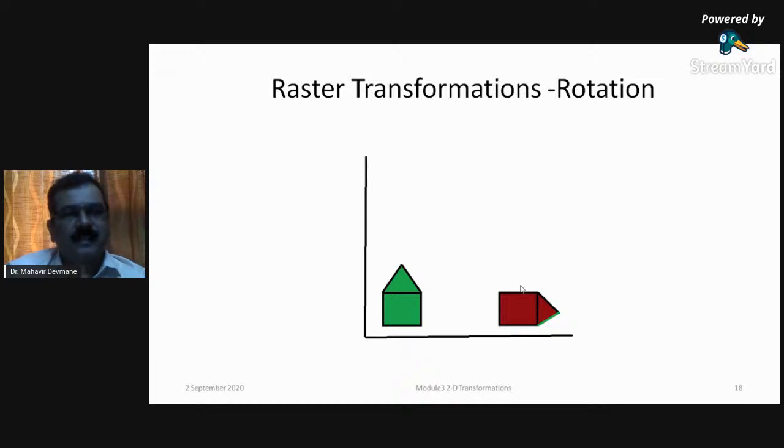The reason is that the scaling factor is 2 in X and also 2 in Y. So 2 into 2 is 4, and you have to display 4 pixels. Read 1 pixel, display 4 pixels. Read the next pixel, display 4 pixels. In this way, the object will be scaled uniformly in X as well as Y direction with Sx equal to 2 and Sy equal to 2.